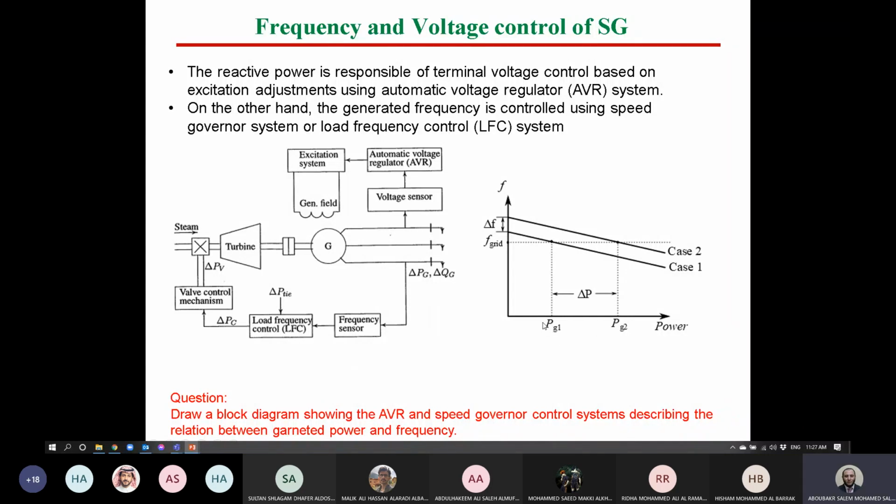As you can see, if the power demand increases, the frequency will decrease. And frequency is nothing but the speed of the machine as well. Frequency is the electrical speed and the rotation or RPM is the mechanical speed, and both are related to each other. So this means by increasing the power, the frequency will decrease.